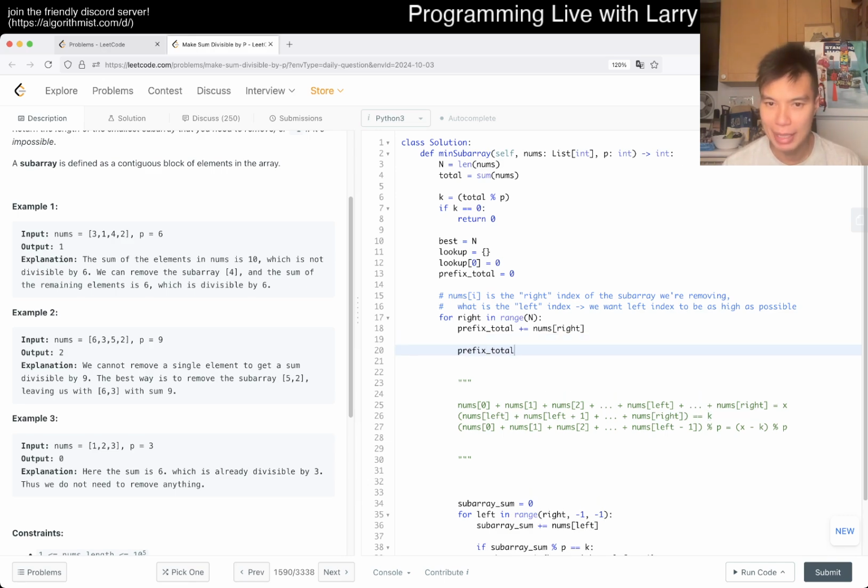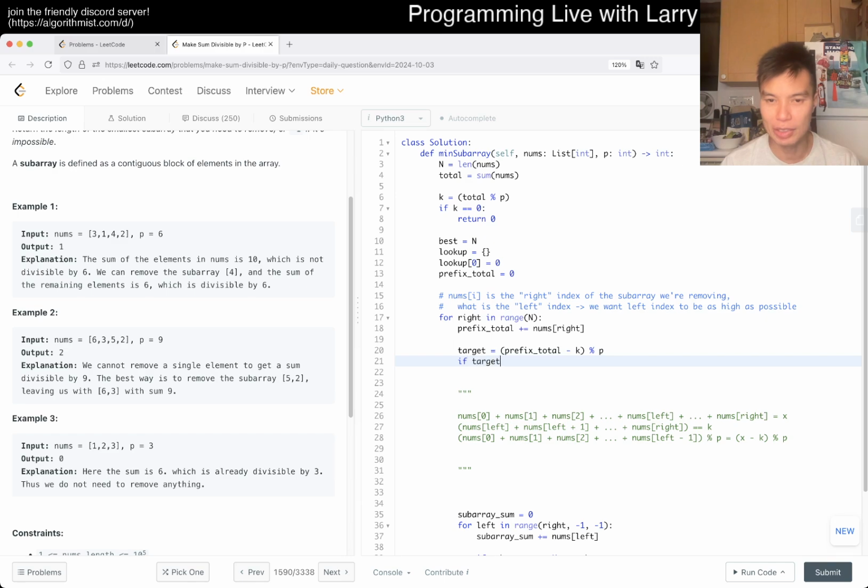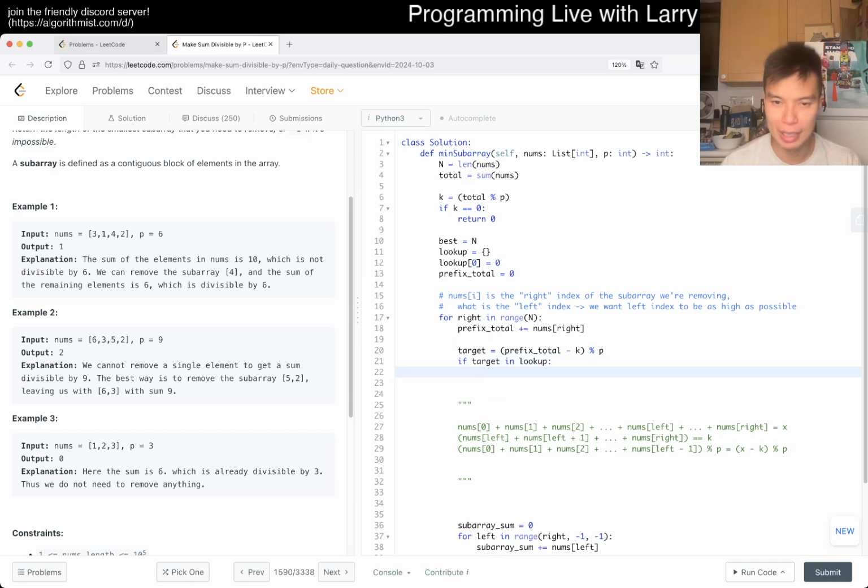So then we have prefix total minus k mod p, right? So this we're going to find in lookup. This is the target. If target is in lookup, then we're good. Then lookup of target is going to be the index that contains, maybe I'm off by 1 anyway, but this should be the index that contains the prefix, which is left minus 1, I think.